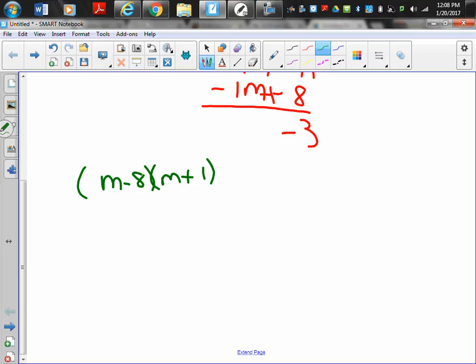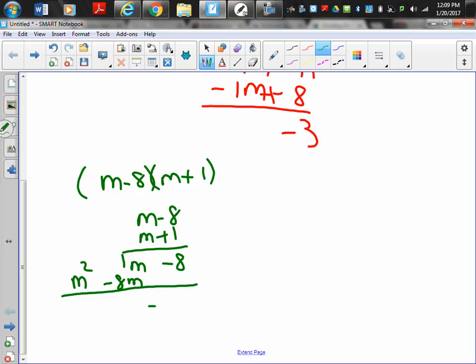Let's see if we get the same answer. M minus 8 times m plus 1. 1 times negative 8, negative 8. 1 times m is 1m. M times negative 8, negative 8m. M times m is m squared.